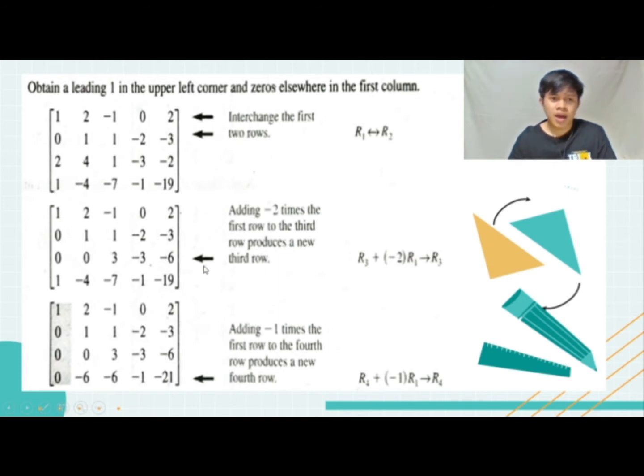So, ang gagawin po kasi natin dito is to form echelon form and para makabuo tayo ng pivot. So, here, adding negative 2 times the first row to the third row produce a new third row. So, this is the formula of this equation. R sub 3 plus the quantity of negative 2 times R1 is equal to R sub 3.